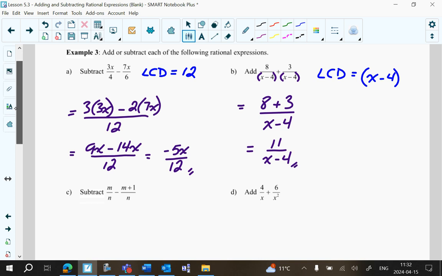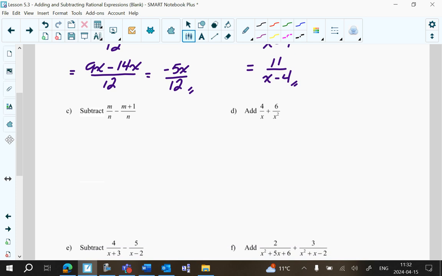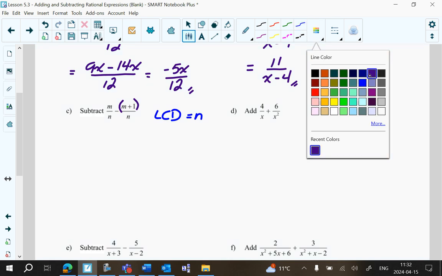This one, again, whenever I see two terms, they've got to stay together. What keeps them together? Parentheses. Well, what's the lowest common denominator? N. They're both the same denominator. And you've got to be careful with this. This is why the parentheses are important.